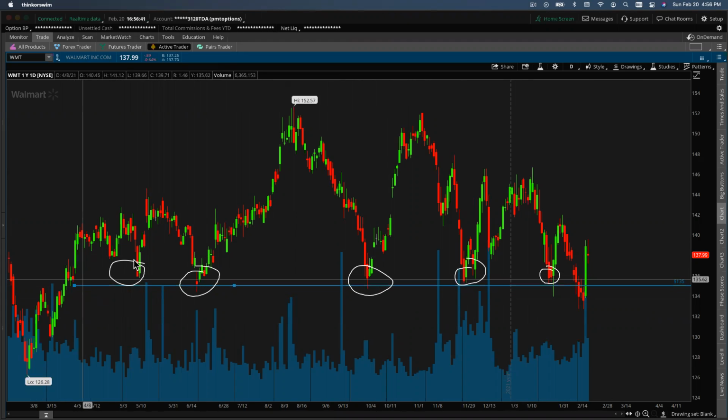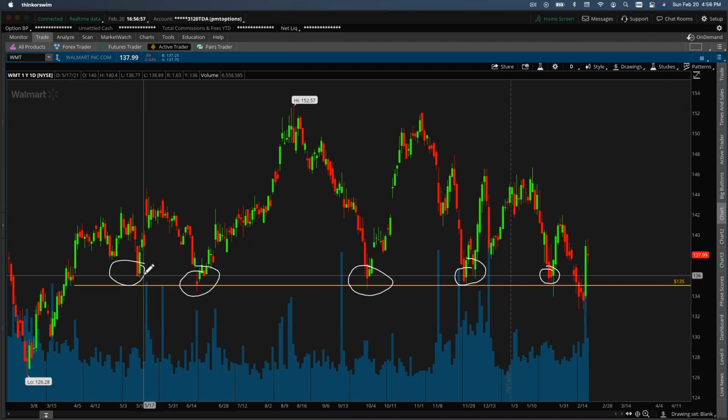The main point is that I spotted this 135 level, the big psychological level, as a pretty strong support level.